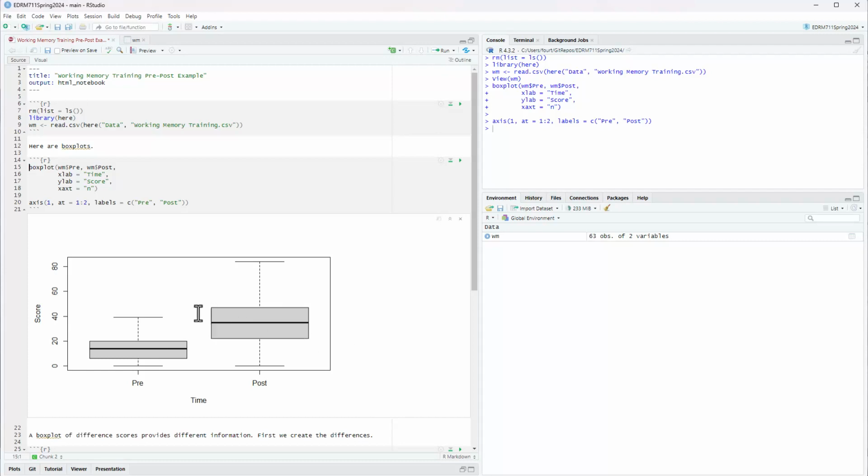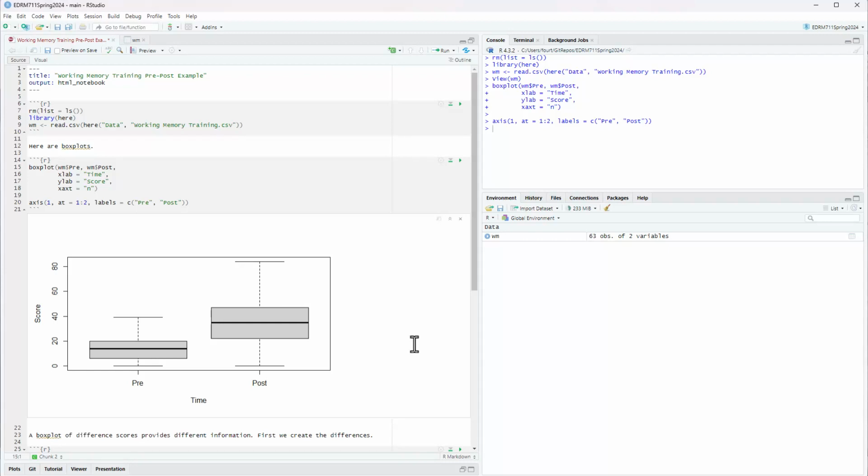There's a little bit of overlap of the upper quartile of the pre with the post, with the interquartile range of the post, but no overlap of the upper quartile of the post with the pre, which is pretty important given that these are the same individuals.